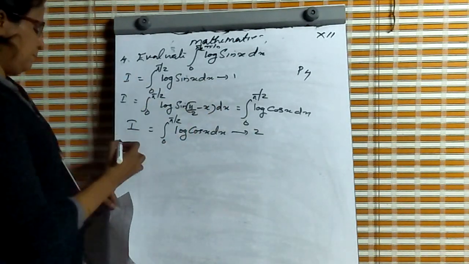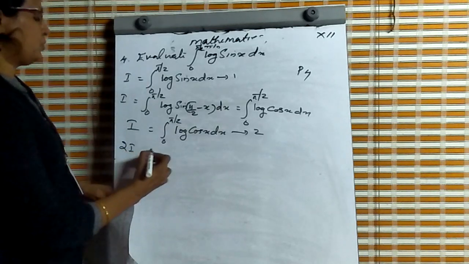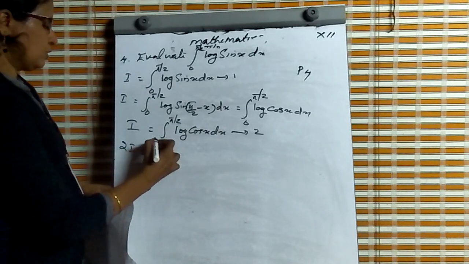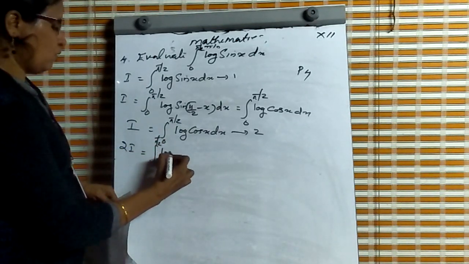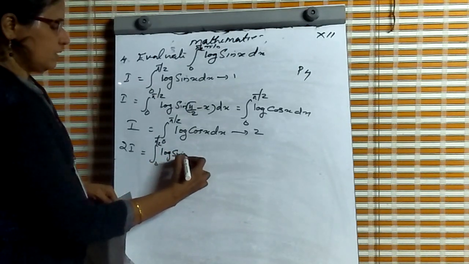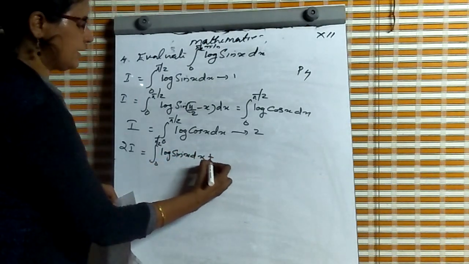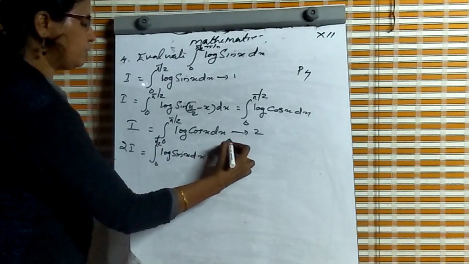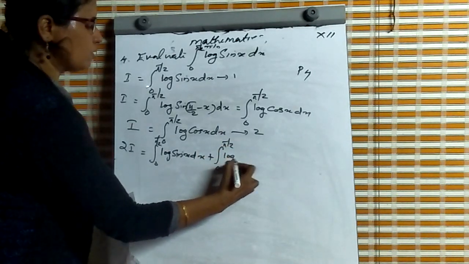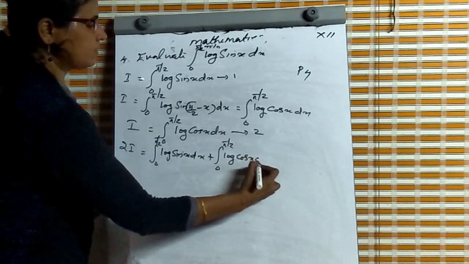Adding 1 and 2, I plus I, 2I is equal to the integral from 0 to pi by 2 of log sin x dx plus the integral from 0 to pi by 2 of log cos x dx.